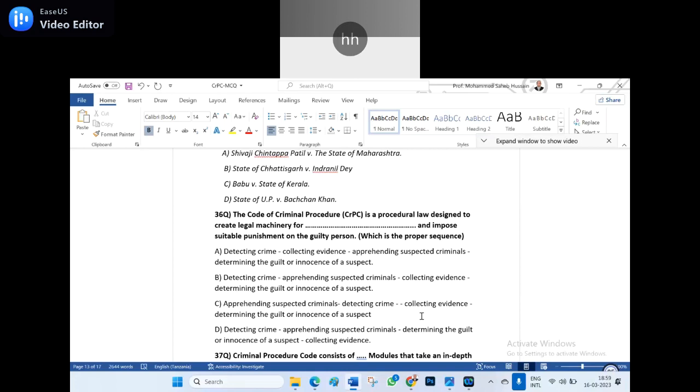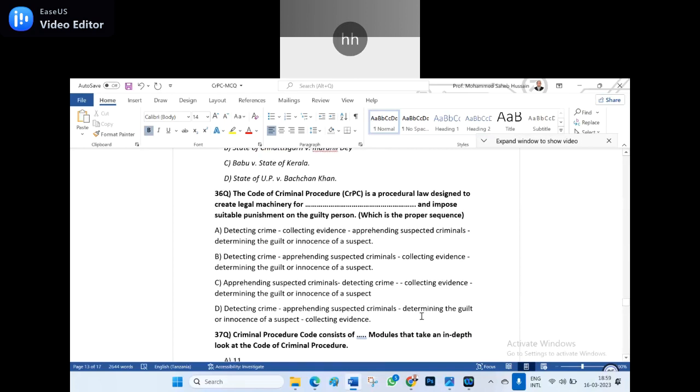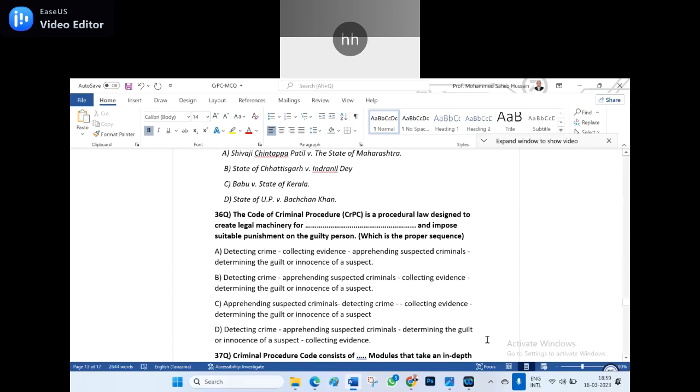B. Detecting crime, apprehending the suspect criminals, collecting evidence, determining the guilt or innocence of the suspect. C. Apprehending the suspect criminal, detecting crime, collecting the evidence, determining the guilt or innocence of the suspect. D. Determining crime, apprehending the suspected criminals, determining the guilt or innocence of the suspect, and last is collecting evidence.